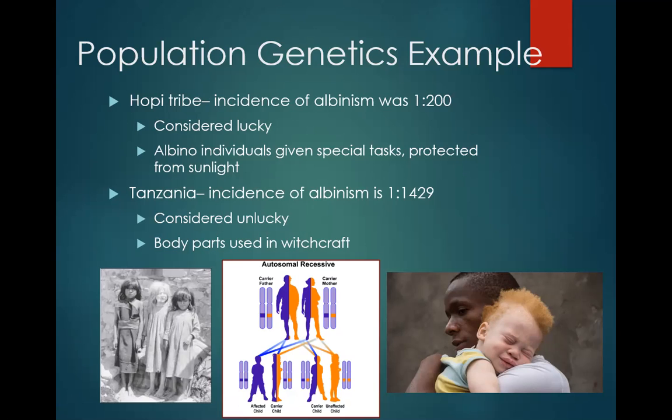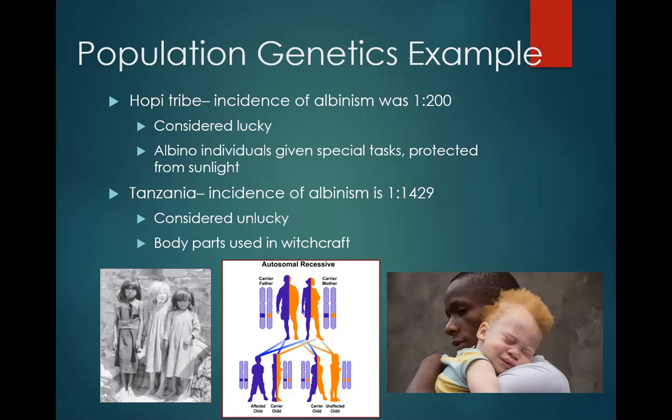They would breed, they would have children, and over time, the incidence of albinism came to be about 1 in 200 because people really wanted children with albinism. On the other hand, in Tanzania, the incidence of albinism is much lower, partially because children with albinism are considered to be very unlucky.